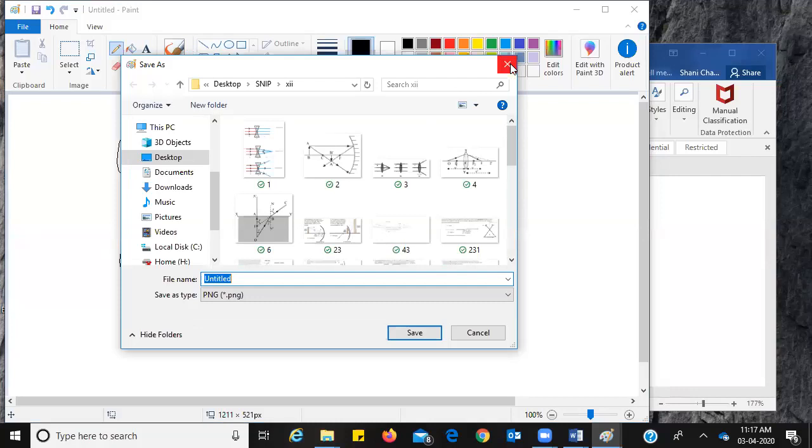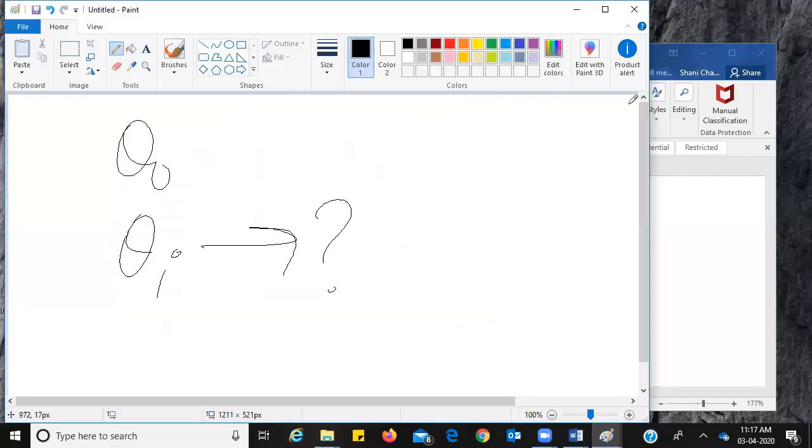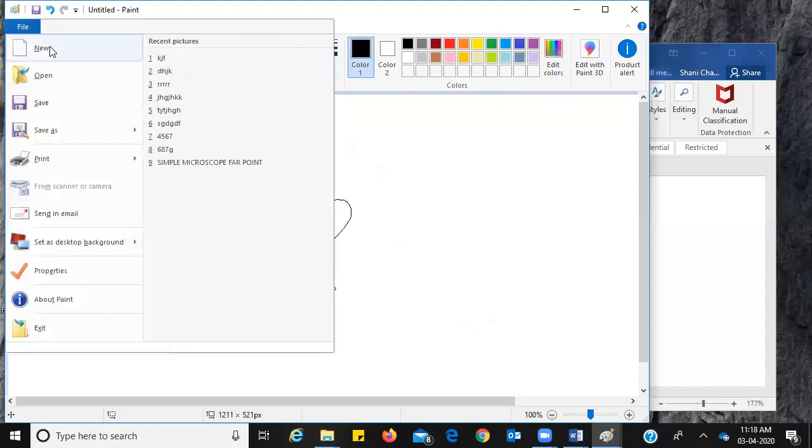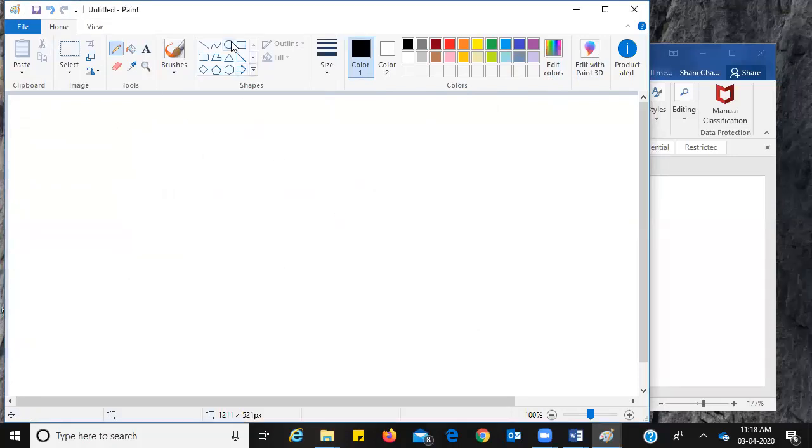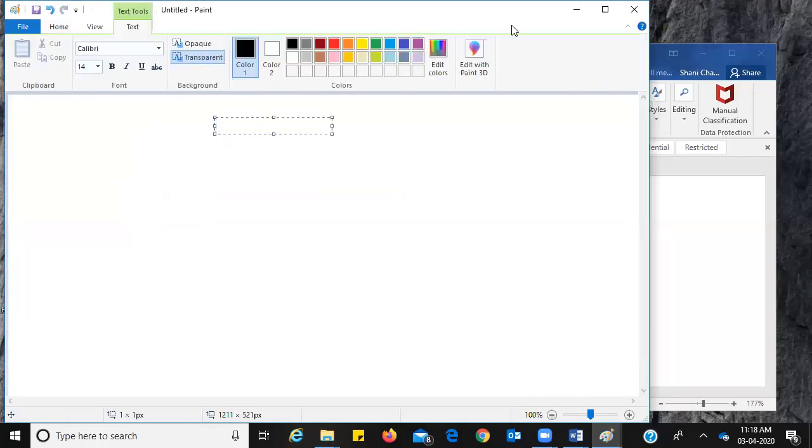I'm asking if you want the stepwise formation of the diagram. Yes, sir, stepwise formation.